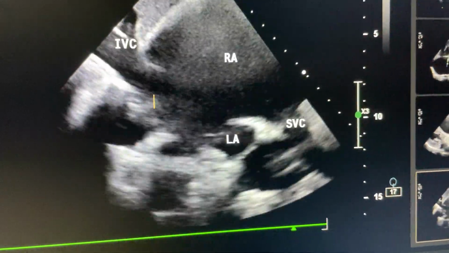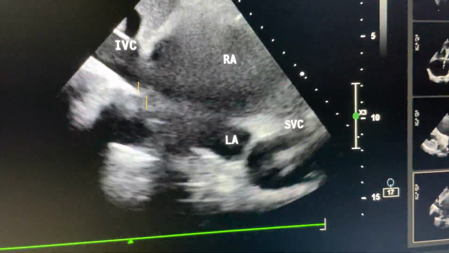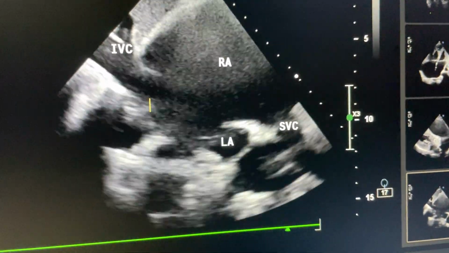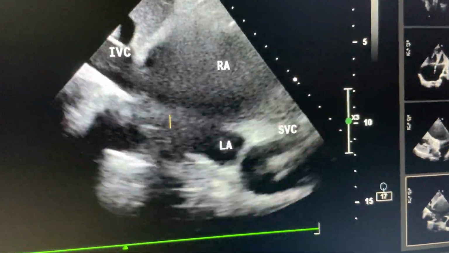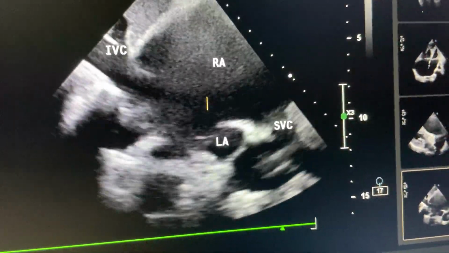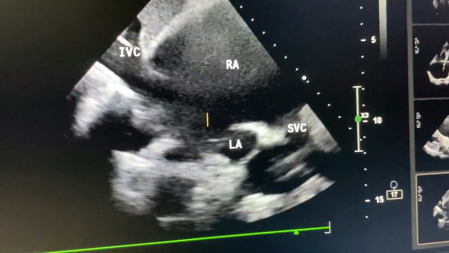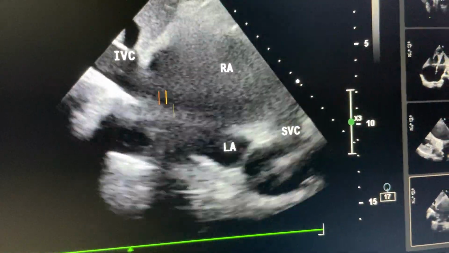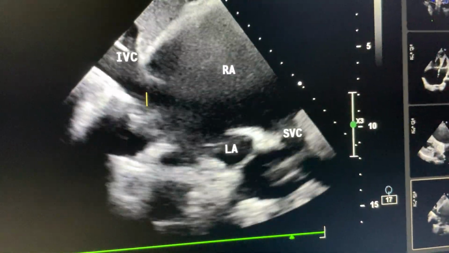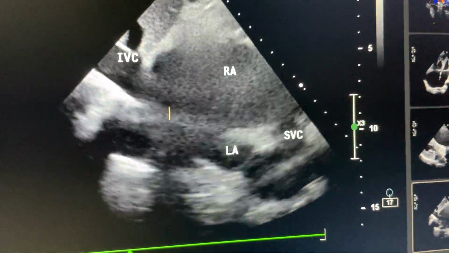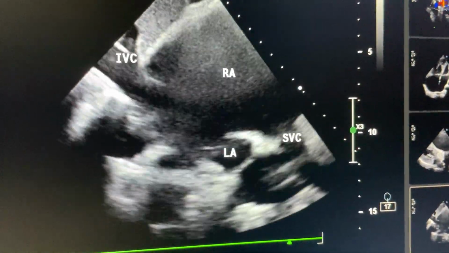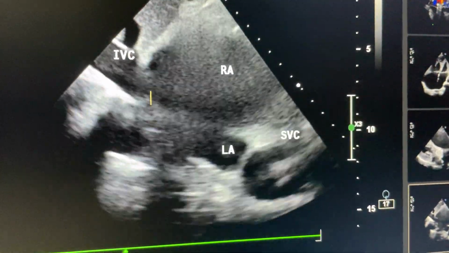You see that this portion, there must be some sort of atrial septum here, if there was no ASD in this case. So if you know this case has ASD, so this portion is deficient, and deficient portion is in contact with IVC. So this is sinus venosus ASD of IVC type.